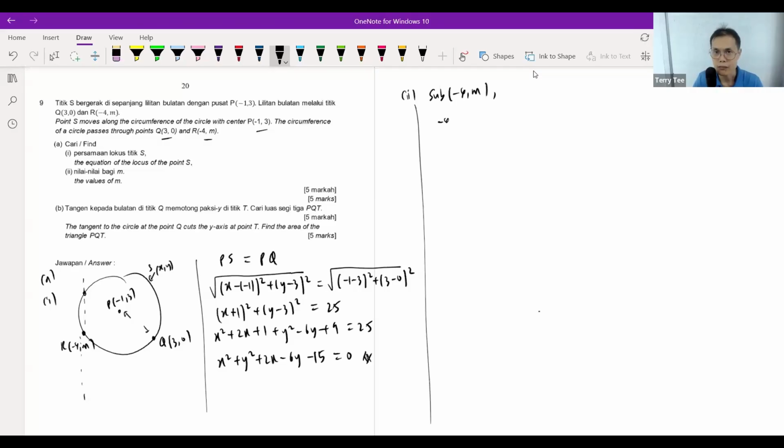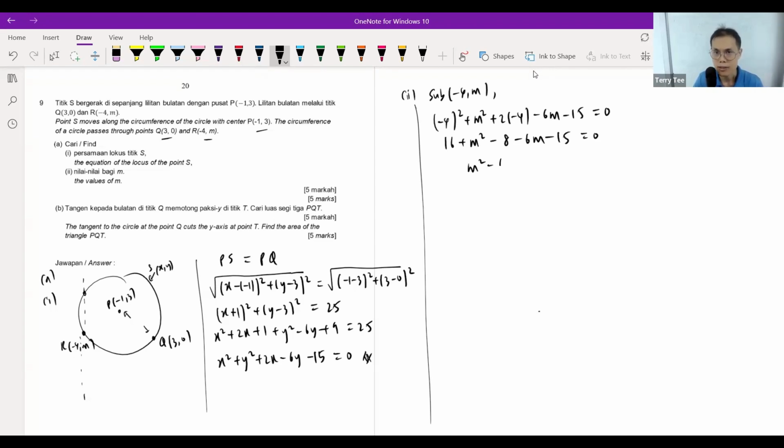That means your x is negative 4. You square it. Your y is m. You square it. Plus 2 times negative 4, minus 6m, minus 15. The result is equal to 0. Negative 4 squared is 16. This is m squared minus 8 minus 6m minus 15.